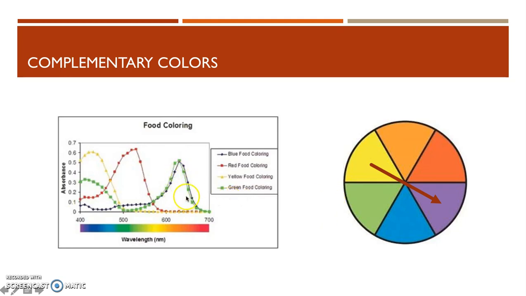Likewise, the blue food coloring is absorbing orange light down here, and that is on the opposite side of the color wheel. So the color wheel is a good way to predict which wavelengths will be transmitted or absorbed by a sample if you can see the color or if you see the absorption spectrum.